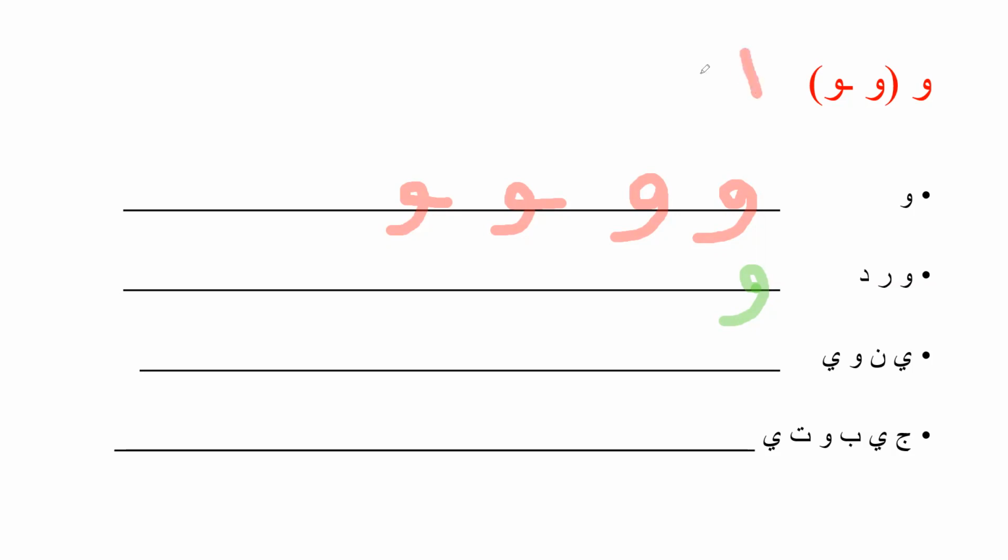Alif, dal, dhal, ra, zai, wow. These letters never connect after. These six only. And then here it is, ward, flower, wow, ra, and this is dal.